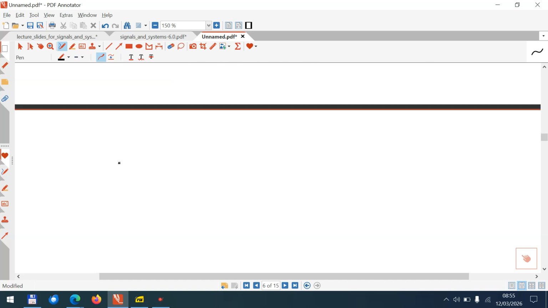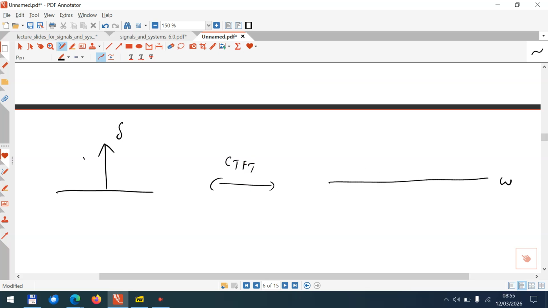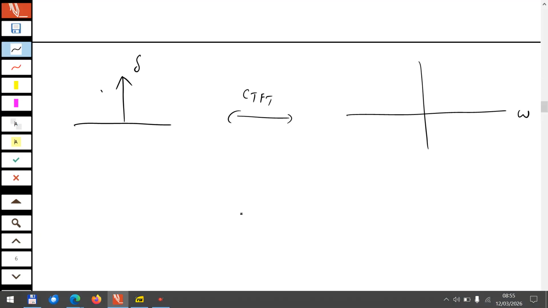Now I have in the time domain this delta, and I take the Fourier transform, and in here I have constant 1. So now, this is omega, and this is constant 1. Let me use a different color now. Constant 1.